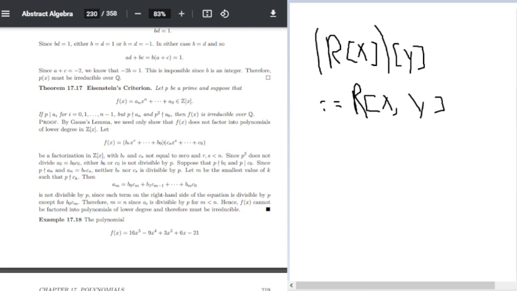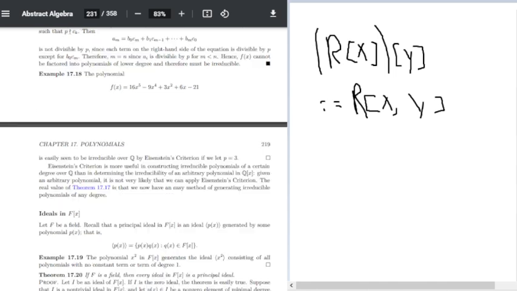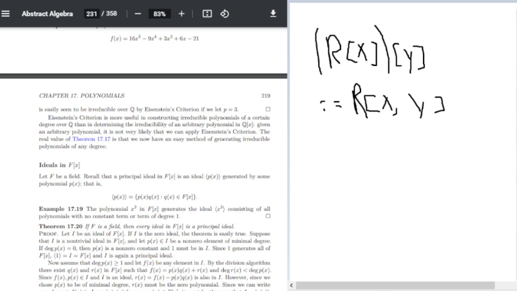Alright, example 17.18. The polynomial f of x equals 16x to the fifth minus 9x to the fourth plus 3x squared plus 6x minus 21 is easily seen to be irreducible over Q by Eisenstein's criterion if we let p equal 3. Eisenstein's criterion is more useful in constructing irreducible polynomials of certain degree over Q than determining the irreducibility of an arbitrary polynomial in Q of x.